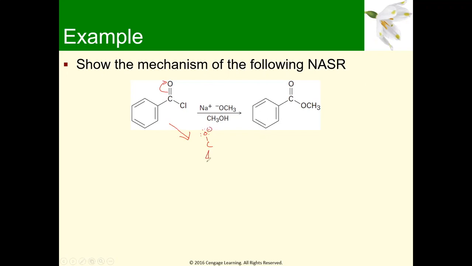And then the chlorine, we'll say that that's going to be poking out. And then that phenyl group, which we'll just abbreviate with a Ph, the benzene ring. Okay. And what has been added is, this was my nucleophile. So that's my nucleophile. And so that oxygen attacks the carbonyl carbon. So that's where I get that OCH3 connected right there.